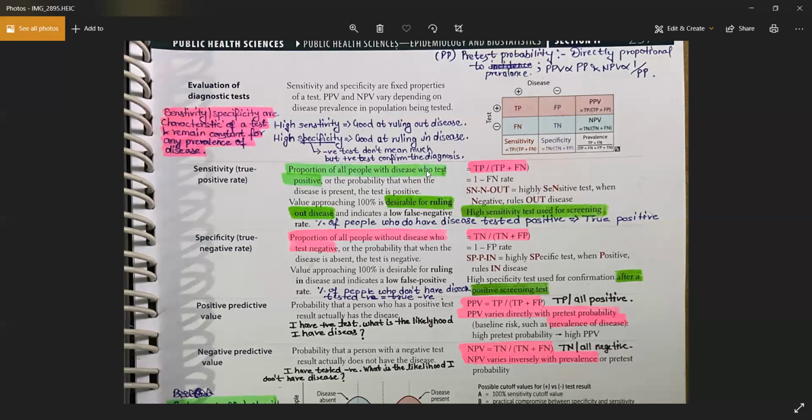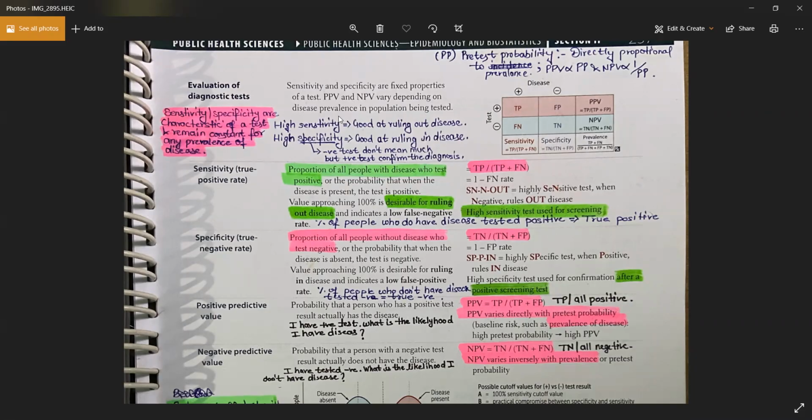Which means whenever a test which has a very high sensitivity gives a positive, it does not always mean the patient has the disease. It might be a false positive. But the most important thing to recognize is that they can never miss a patient with the disease. So a good sensitive test has very high sensitivity, which means every patient who has the disease, the test should be able to identify those patients.